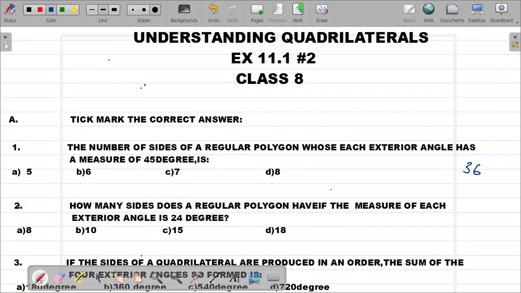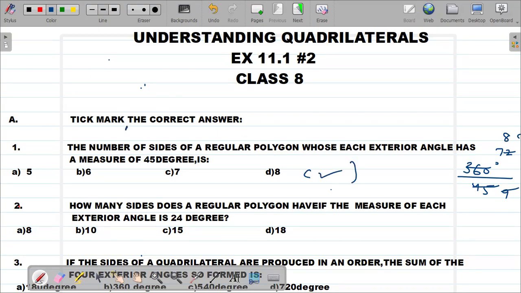We will just divide 360 degrees by 45 degrees. 5 9s are 45, 8 sides would be the correct answer.